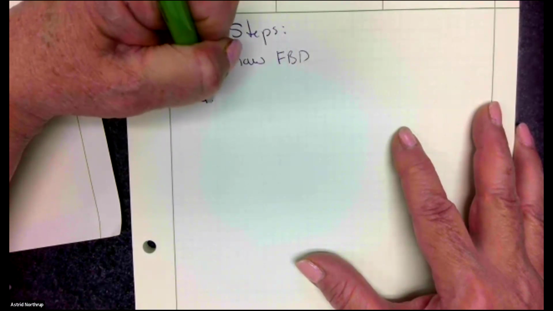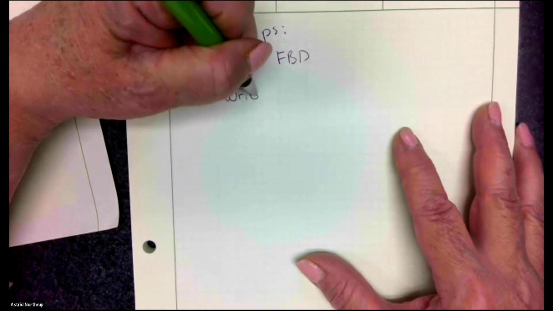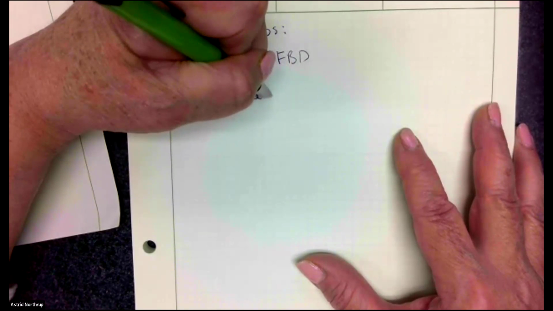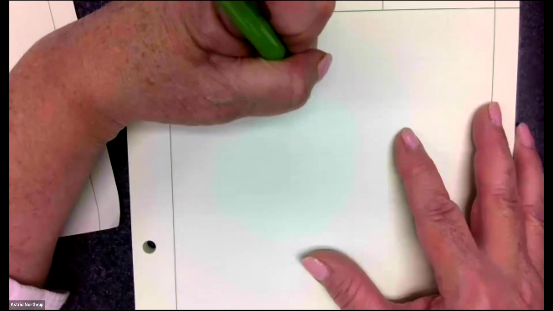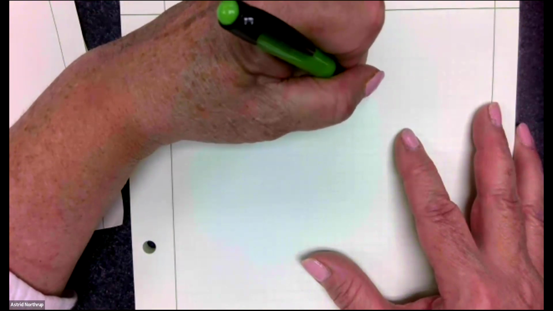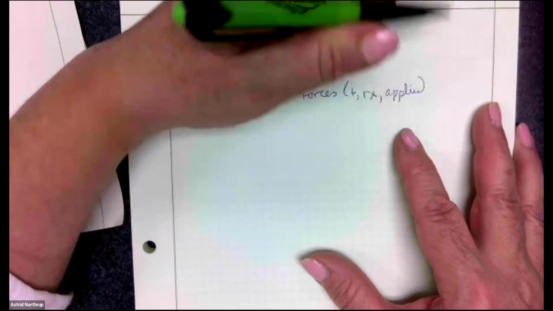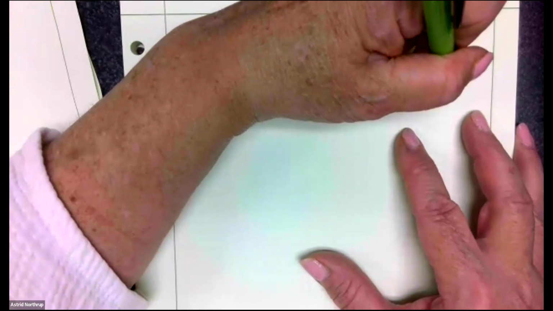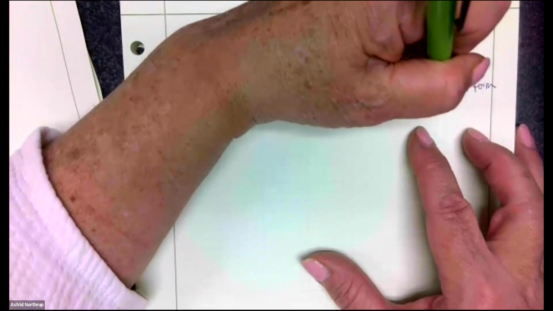The second thing is to write all forces, whether they're tensions, reactions, applied, whatever they are, in vector form. And when I say vector form, I mean IJK.